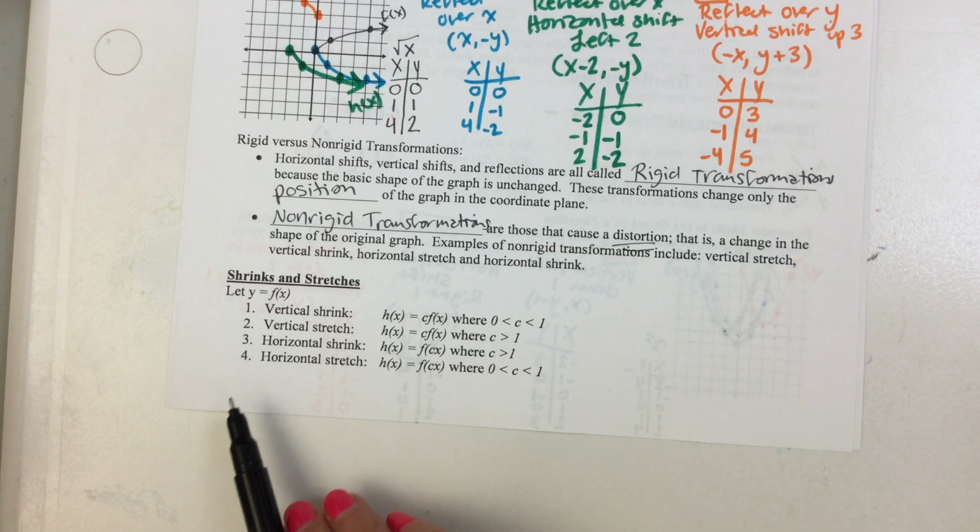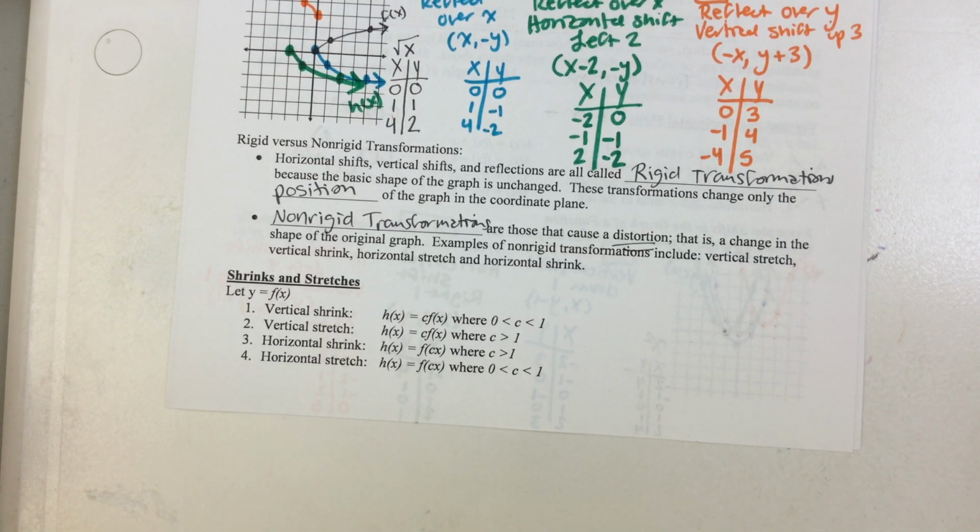This particular textbook calls them stretches and shrinks. So if it makes more sense to say compression, go for it. It's the same thing. Again, what you're doing is you're taking the ends of these graphs and stretching them out or pushing them forward and distorting it. So your ending result, your graph will not be the same shape or same size. That's why it's called non-rigid.